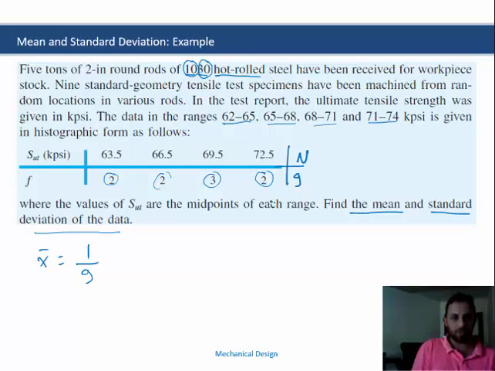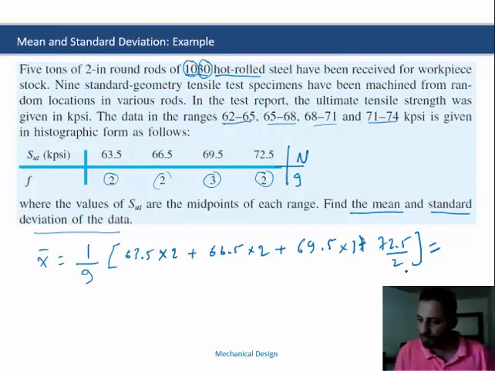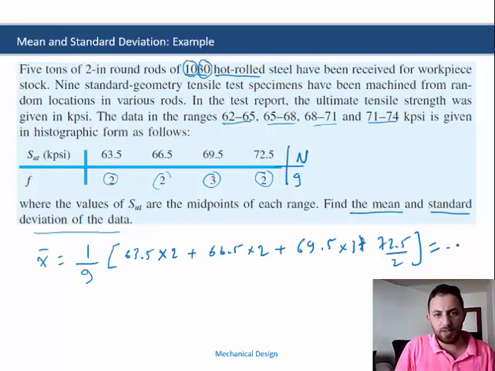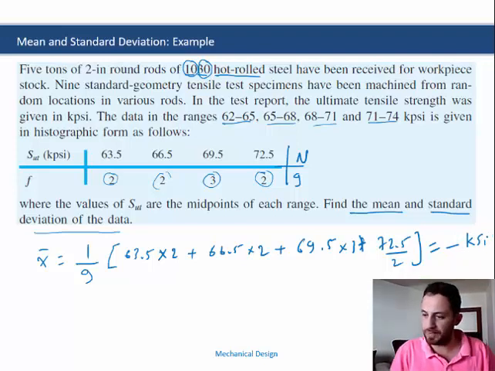So the total number of rods is 9. 63.5 multiplied by 2 rods, 66.5 over 2, and this must be equal to... you should be able to obtain this value. I don't have it.